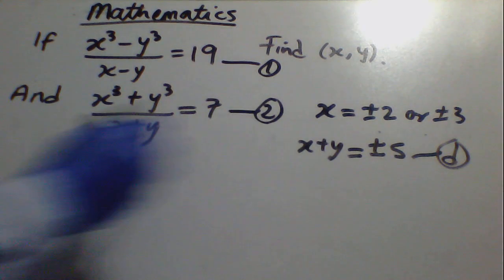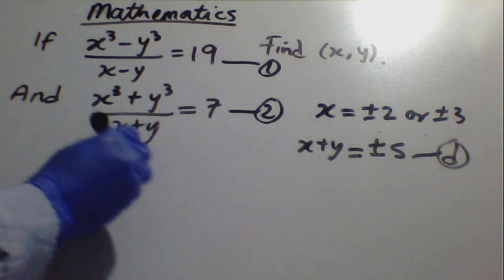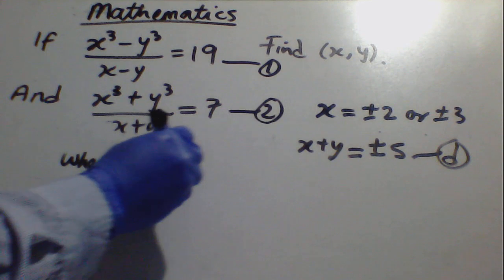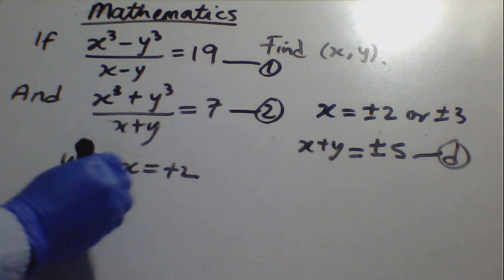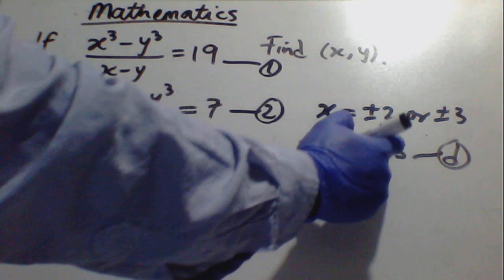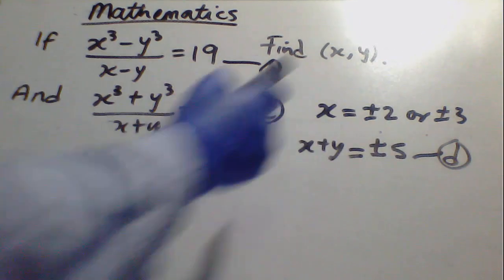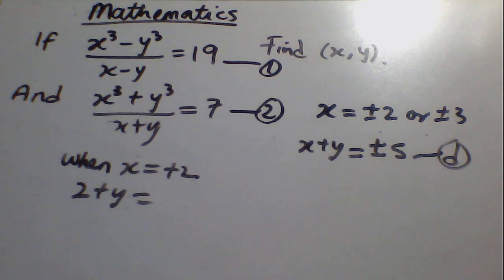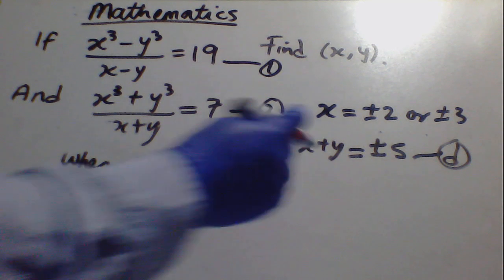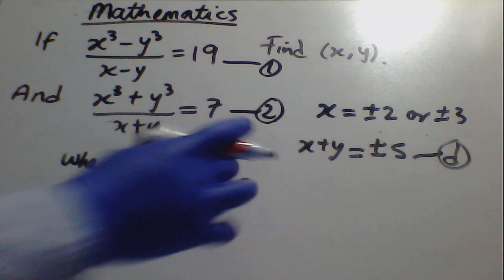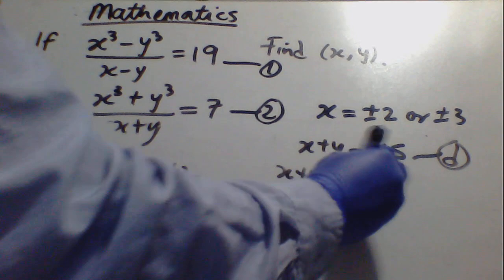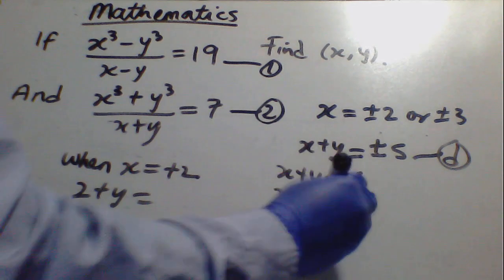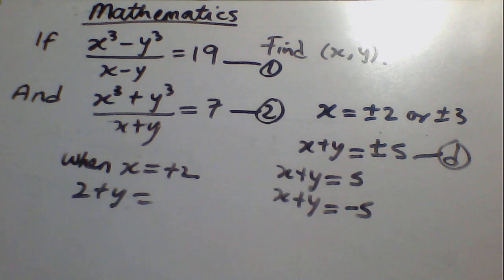So when x is equal to plus 2, we have plus 2 plus y. There are two sections here: s plus y equals 5 and s plus y equals minus 5.